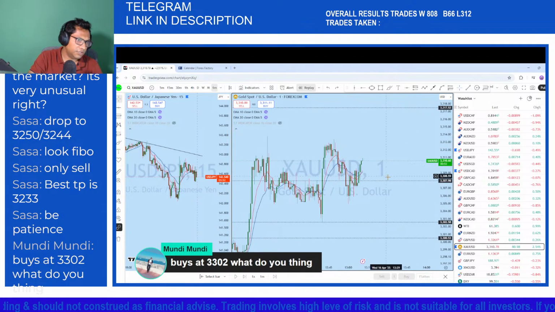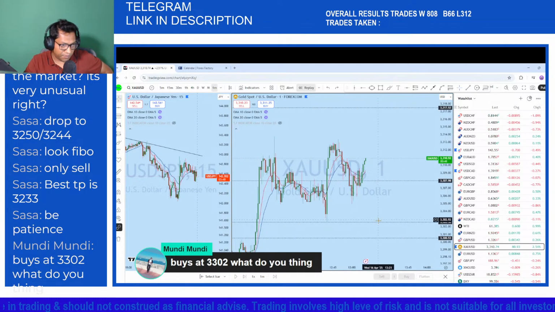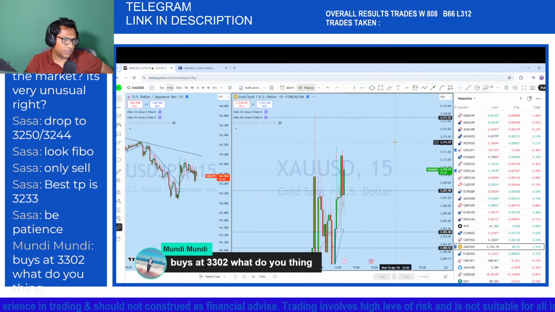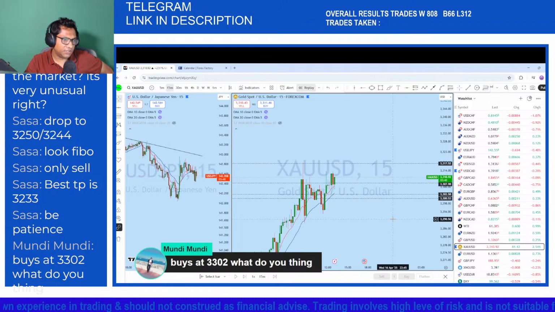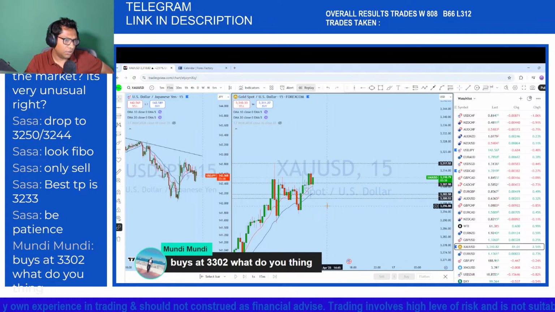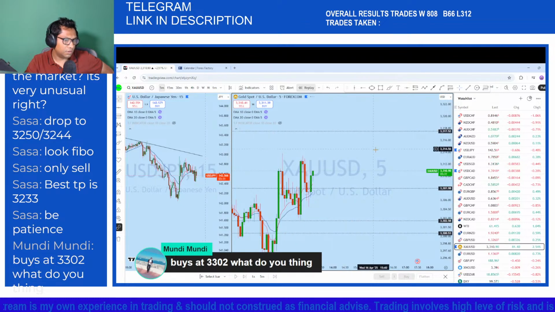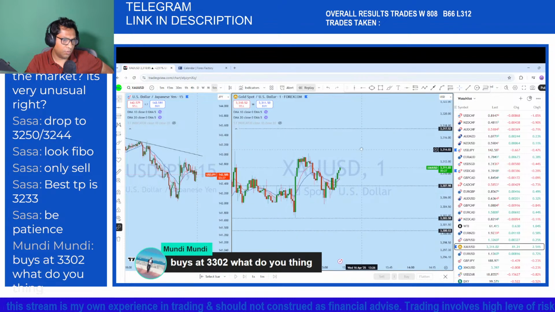Okay, so here it forms a structure, but I still think that there might be a break below. It may continue to rise from here, but it's in a sideway, so not a very strongly bullish.